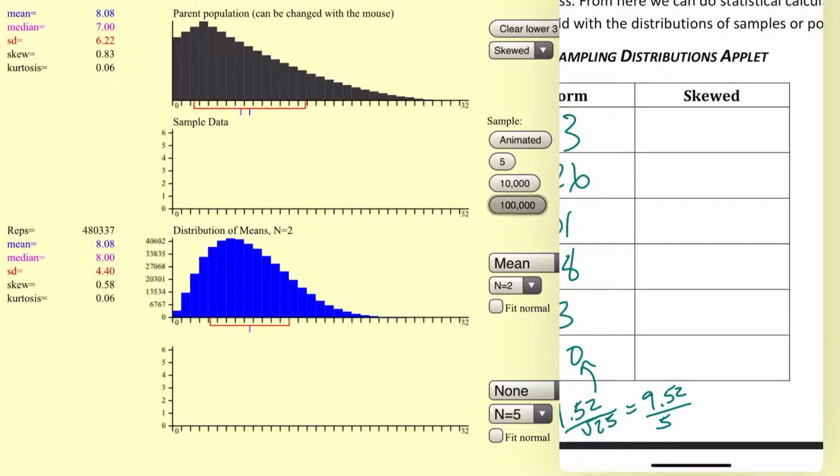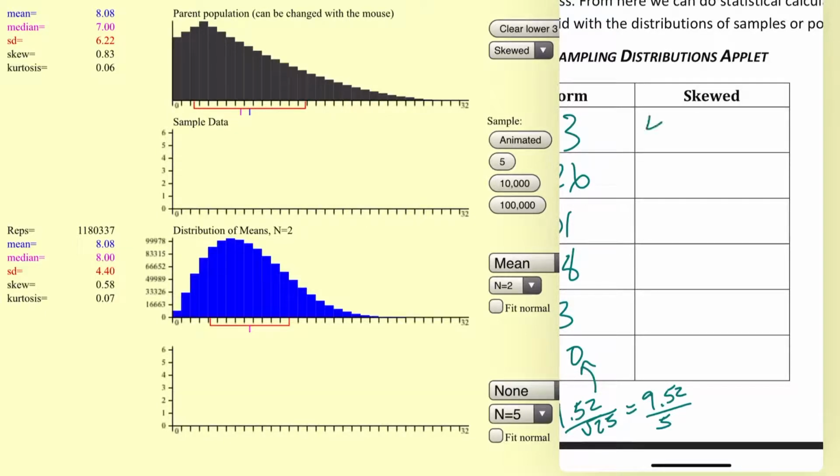All right, let me speed this up. And so notice we could definitely argue it is still skewed, but it's not as skewed. One, because the standard deviation got skinnier, but it isn't a perfect scale down. It's not like you're in Word or Photoshop or something like that and you're making an image smaller. It's been changed. Notice it's much smoother at the top. It's pointier on our parent population.